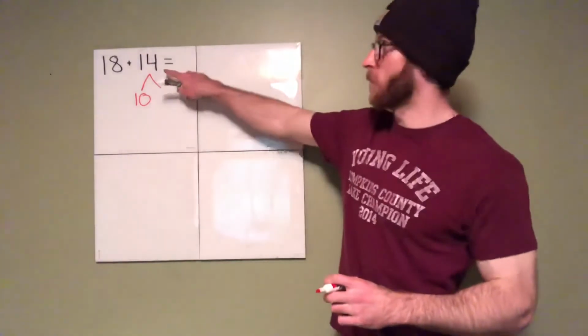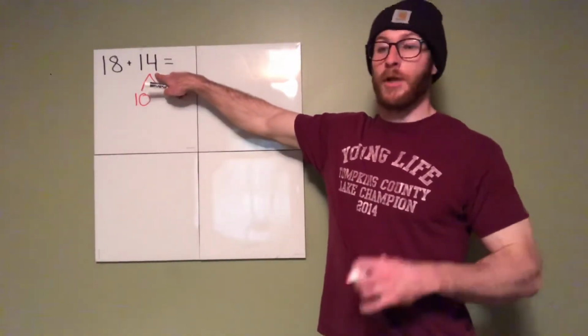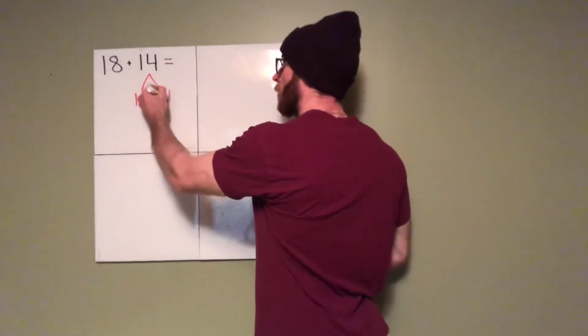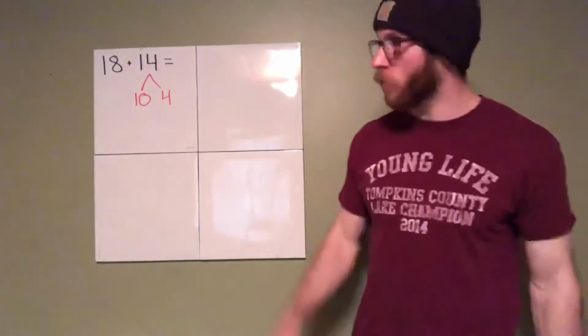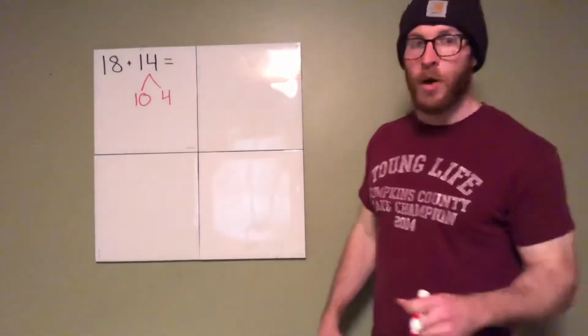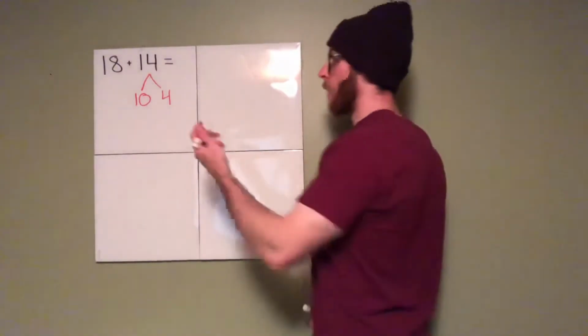If we look at our ones place, there's a number 4, so that must mean there are 4 ones. There we go. What do I do with my number 14 since I just split it apart? I don't have a 14 anymore. I'm going to cross it out.